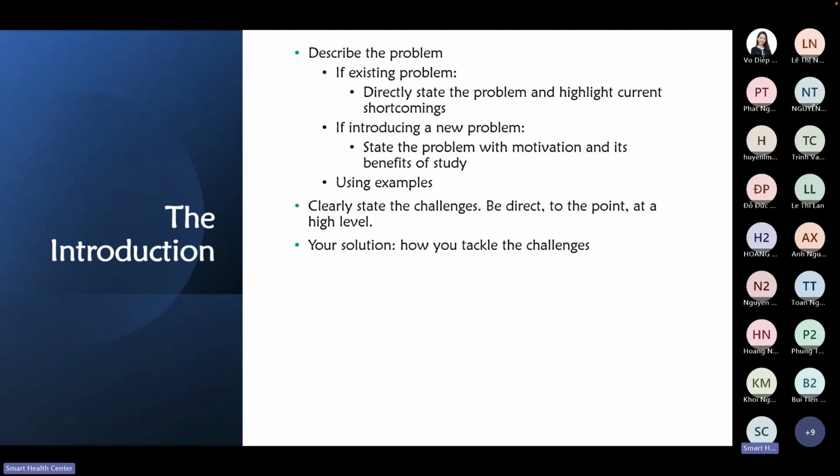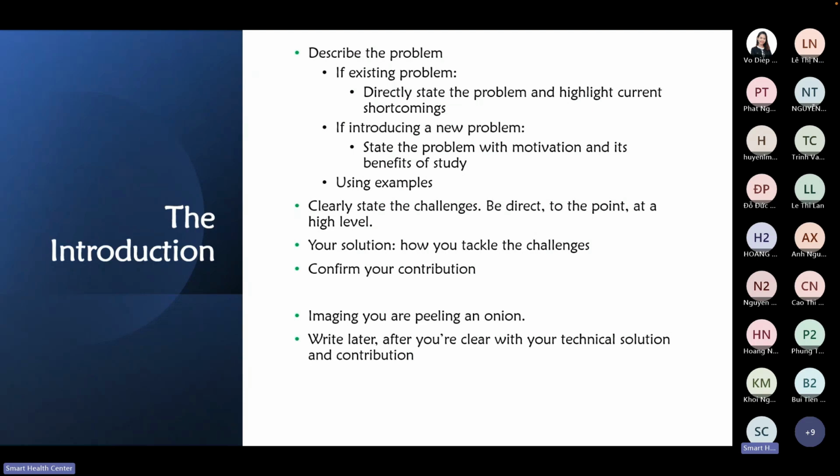I invented this theorem or something like that, right? It's very high level. And then you confirm your contribution by, I'm able to prove this theorem, that theorem, or in my experiment with real data sets or simulation, and compared with the state of the art solution, I get 90%, that kind of language. So you confirm your contribution. All right, that's all for the introduction. Easy, right? Yes.